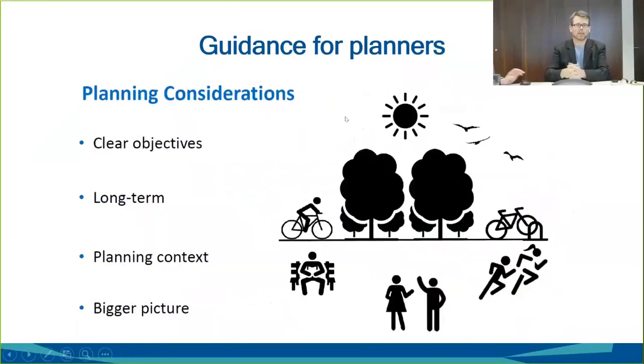The main guidance that we have taken from these case studies and to some extent from the research papers is that you need to have a clear set of objectives. What green spaces should be built for what purpose and for what population group, what function should the green spaces have?